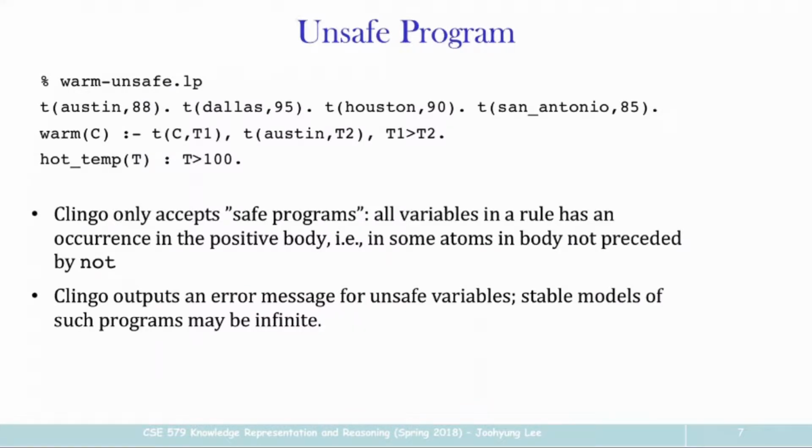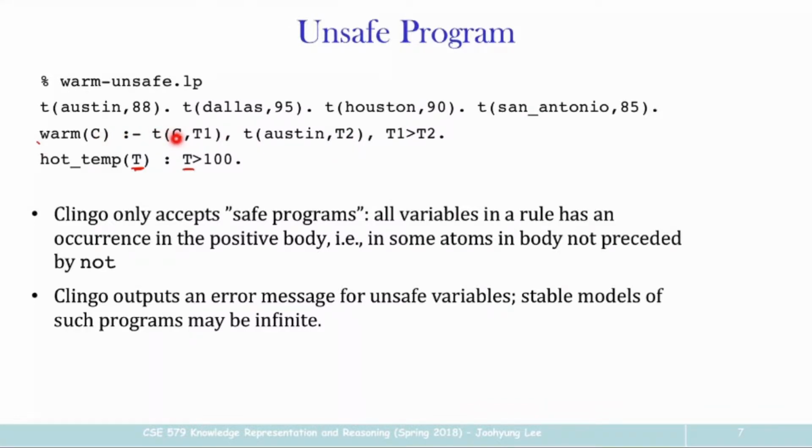Now let's look at why this is the case. Let's actually go from the beginning. So let's look at this rule here. There are variables C, T1, and T2. Now C occurs here and here.